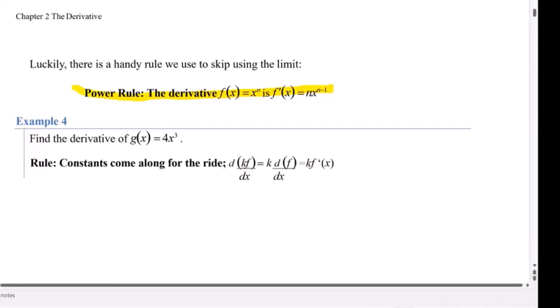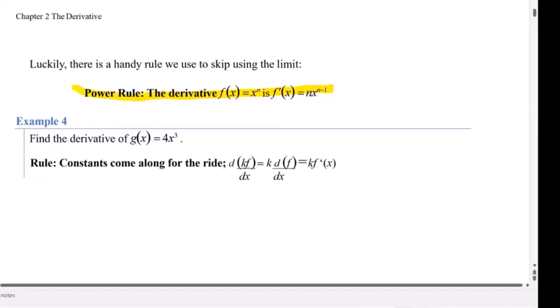All right. So it says rule, constants come along for the ride. So if I have the derivative of a constant times a function, that's equal to the constant times the derivative of the function, which is exactly what this says. So what does this mean?